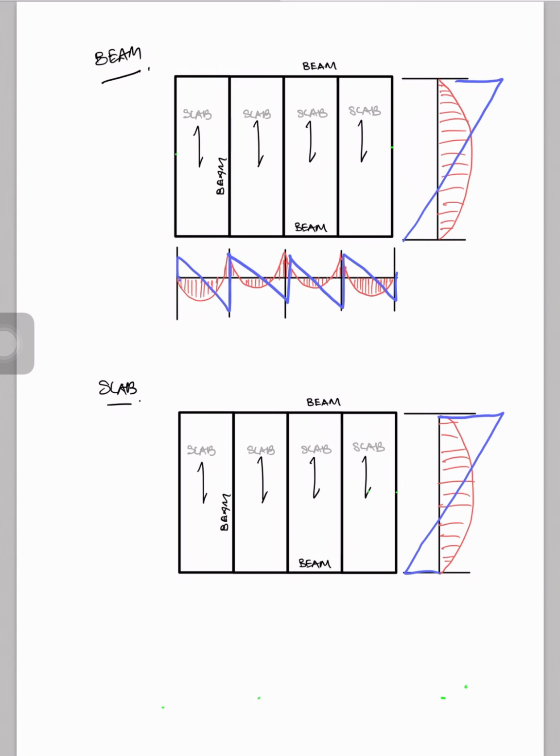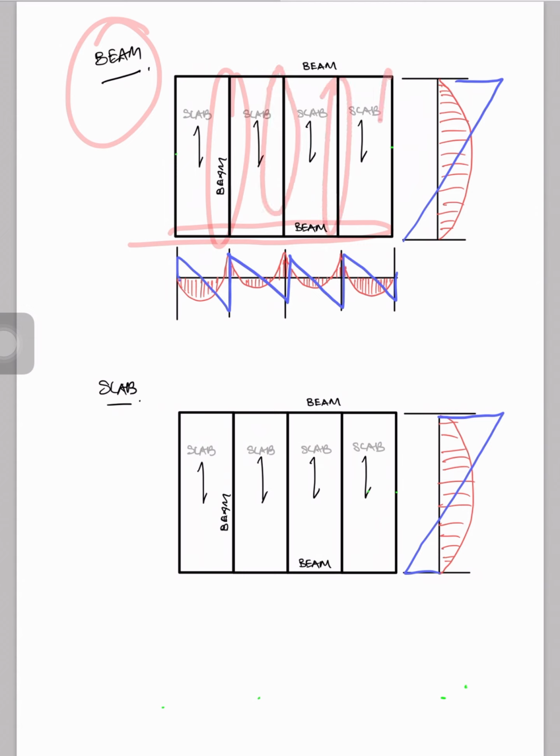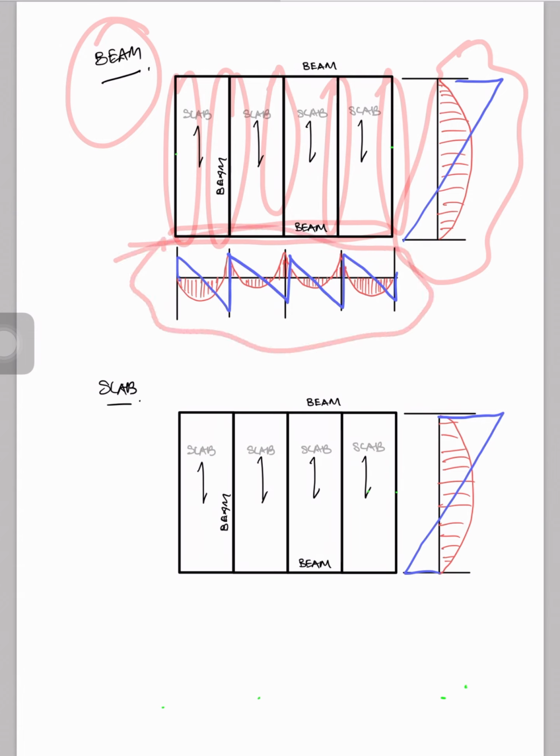Now, contractors will usually cast their beam first and then followed by their slab. And so, in consideration for the beam, you'll notice that you'll have beams along here internally as well as at the end. So typically the bending moment in shear force would be something like this for the simply supported, and continuous something like this.